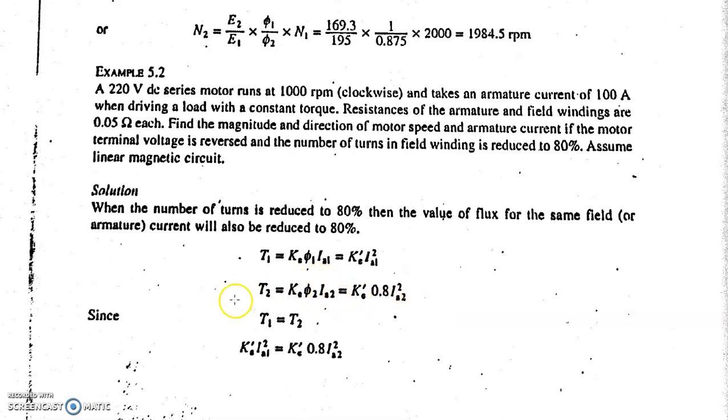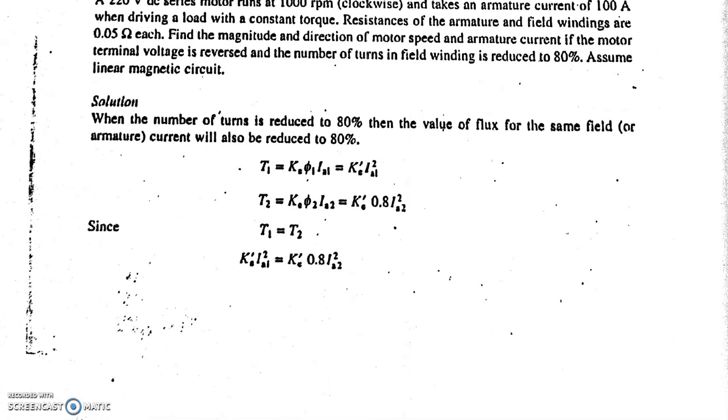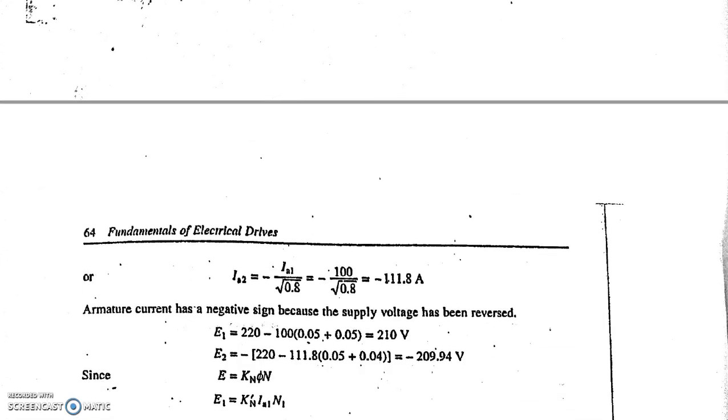The condition is already given, T1 is equal to T2. It means Ke Ia1 squared is equal to Ke dash 0.8 into Ia2 square. From there we can get the value of the current Ia2, which is equal to 111.8 ampere.